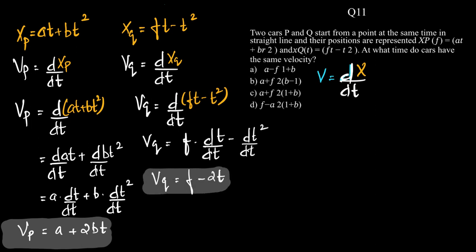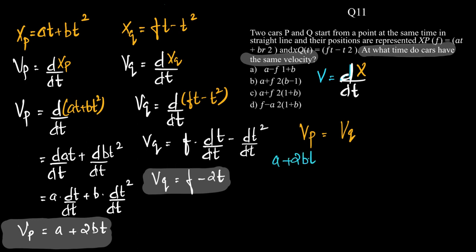Now according to the question, at what time do the cars have the same velocity? When they have the same velocity, we can say that VP is equal to VQ, right? VP is A plus 2BT. VQ is F minus 2T. So I'll bring F to the left hand side. A minus F is equal to minus 2BT minus 2T.